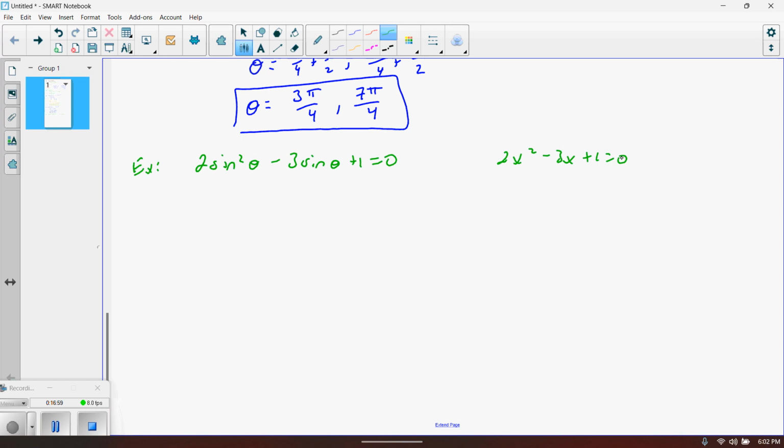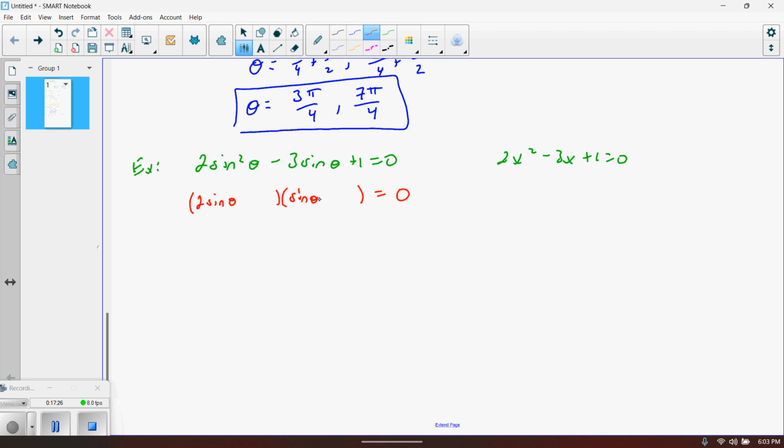You would solve that just like a quadratic. So the first thing you should probably think to try and do is factor. If factoring doesn't work, then you might go quadratic formula, whatever you have to do from there. So in our case, if this is going to factor, well, 2 sine squared theta has to be broken down to 2 sine theta and sine theta.